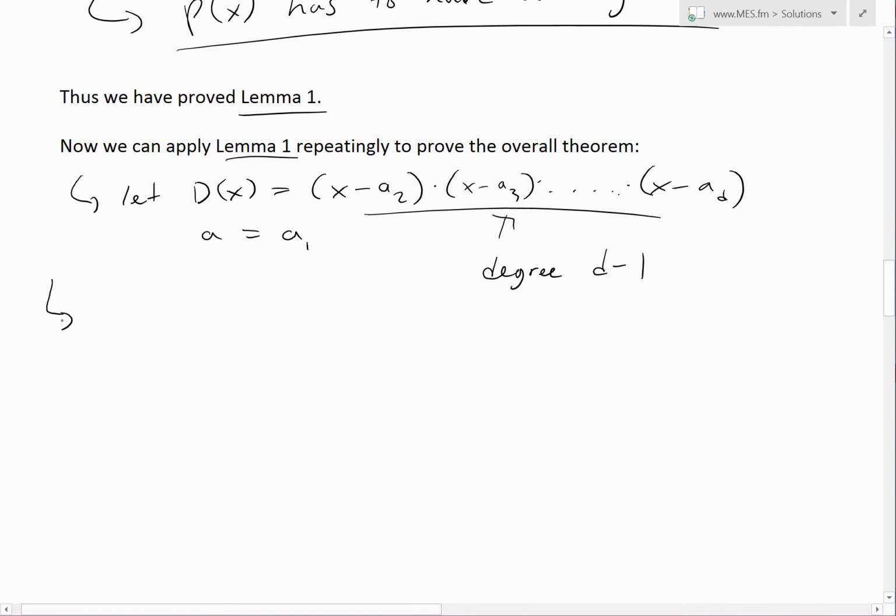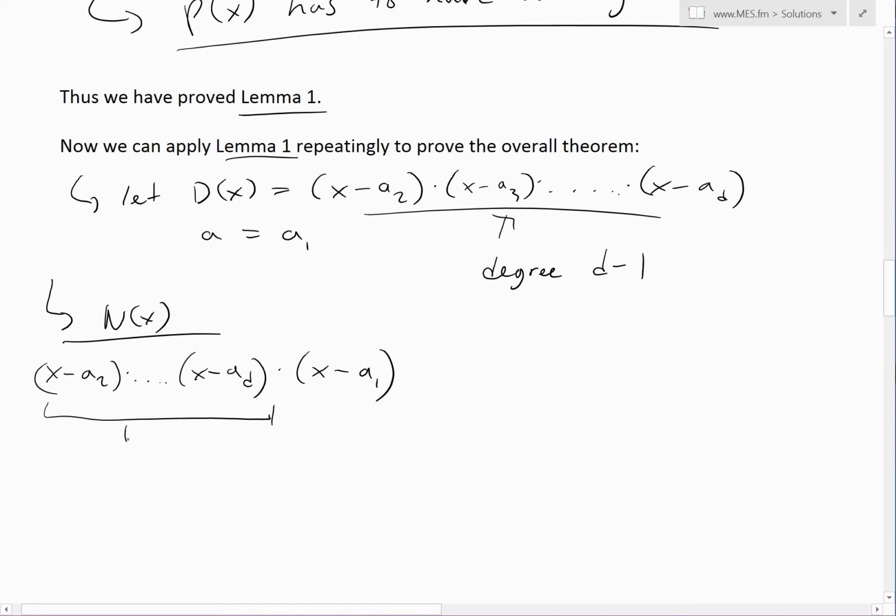Now, by applying lemma 1, we have n of x over d of x, which equals this whole thing right there. So this would be x minus a2 times, keeps going on and on, x minus a d, now multiplied by x minus a1 right here, where this is our d of x.